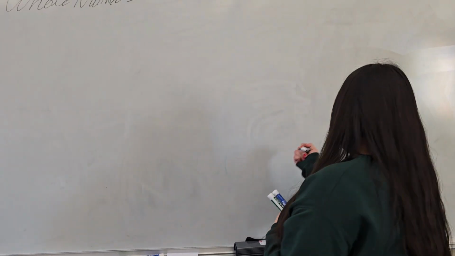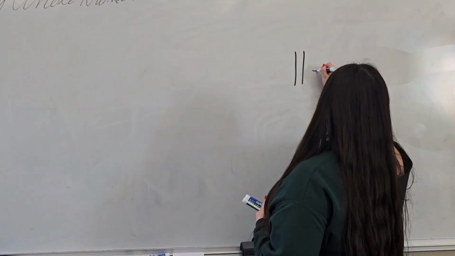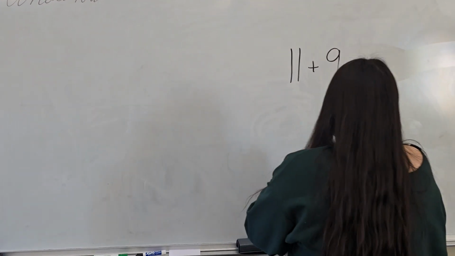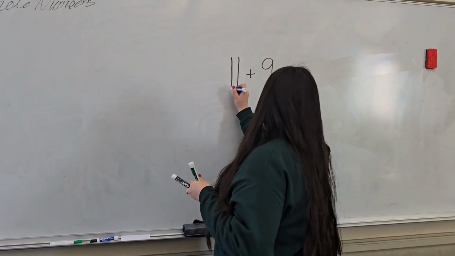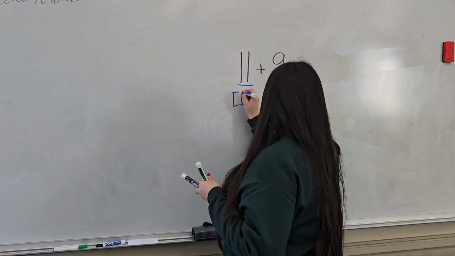First example, we're going to add 11 plus 9. And we're going to use cubes. So 11, we're going to make 11 little cubes.